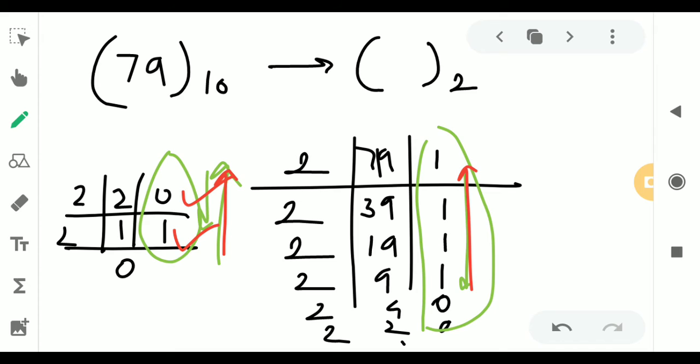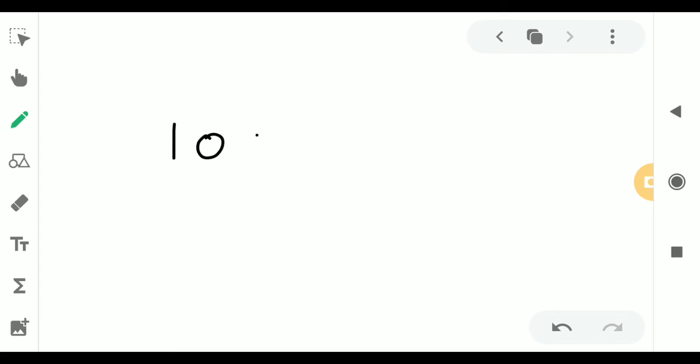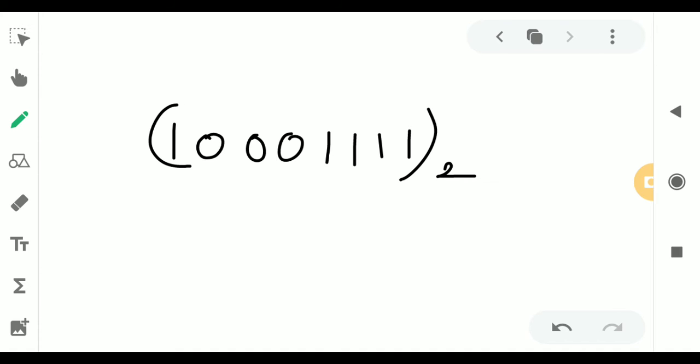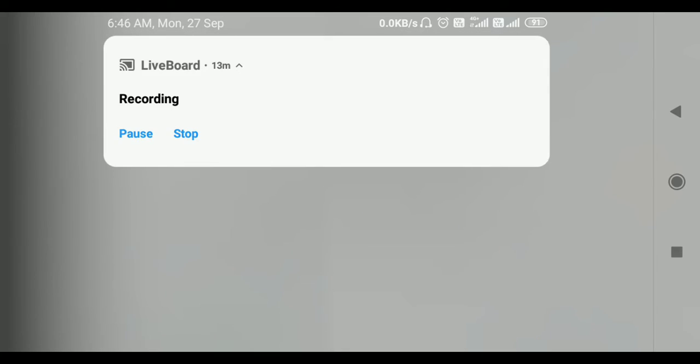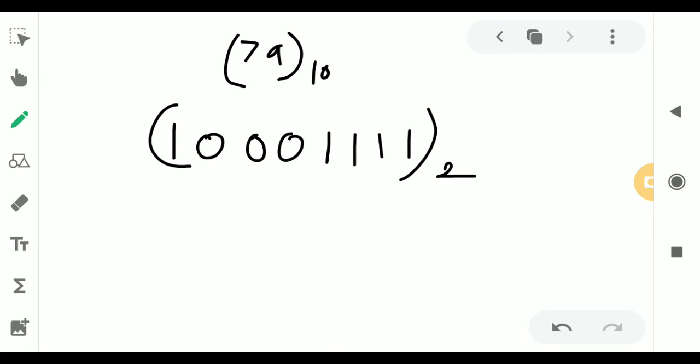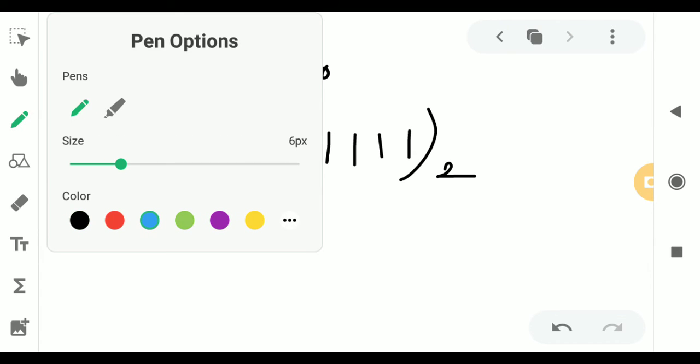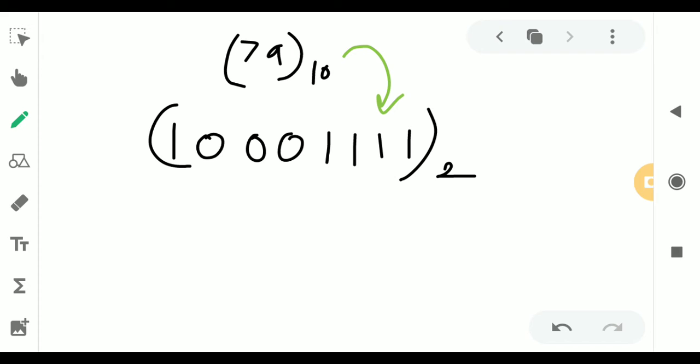This is in binary, right? So this is how we converted 79, which was in decimal, to this number in binary. So 79 is represented like this in binary.